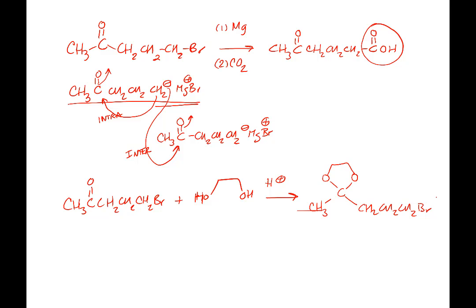Kyle? Exactly. It's protecting the reaction with the Grignard. So I'm protecting it. Sometimes people will call this masking. In other words, I've taken a ketone and turned it into another functional group that is going to become a ketone when I want it to become a ketone, but it's not going to react as a ketone.